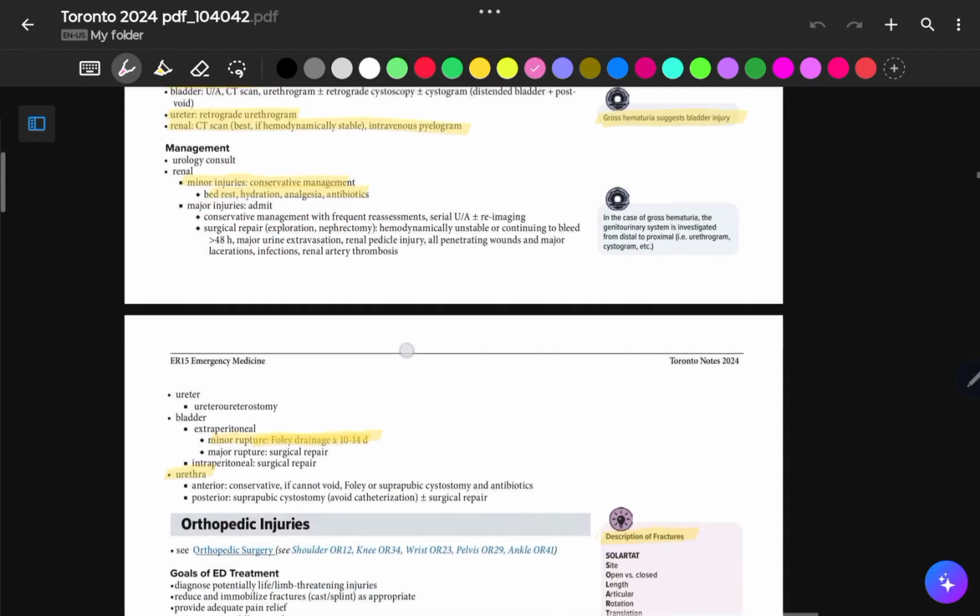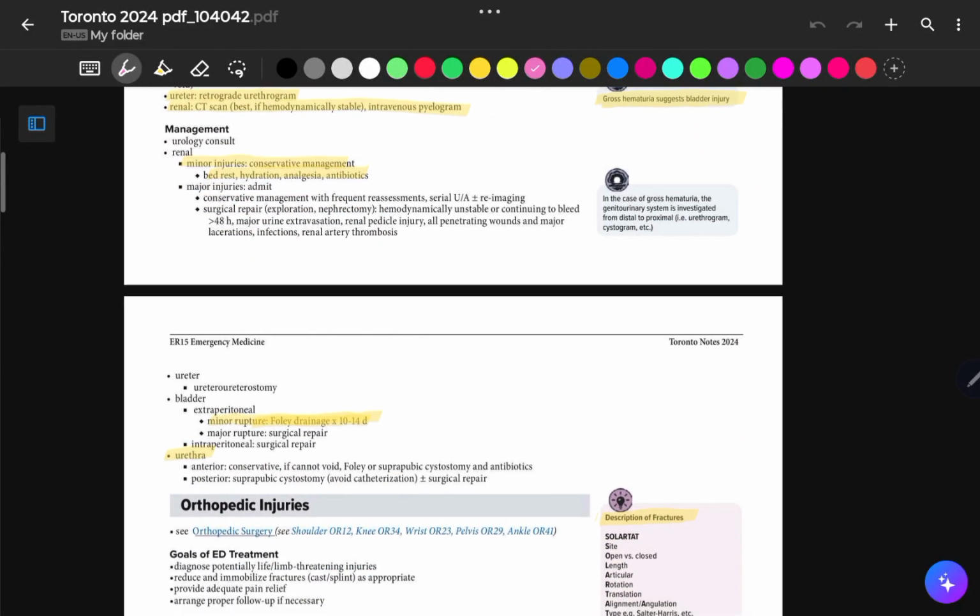So how would you manage genitourinary tract injuries? First of all, consult urology. Minor kidney injuries are treated conservatively with bed rest, hydration, analgesia, and antibiotics. For major injuries, admit the patient and do conservative management with frequent reassessment and repeat imaging, and treat the underlying cause.